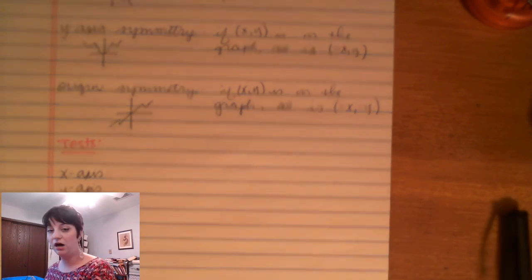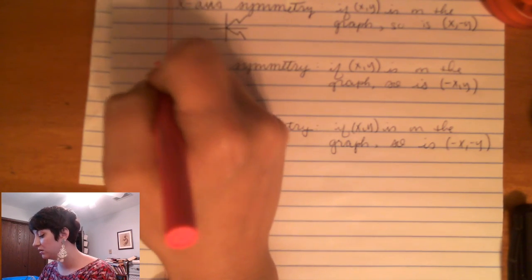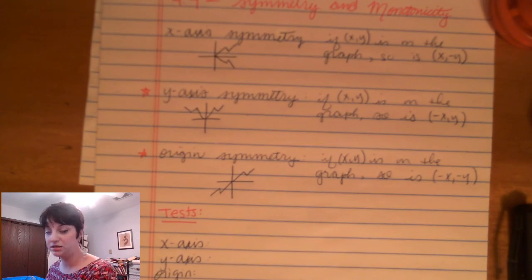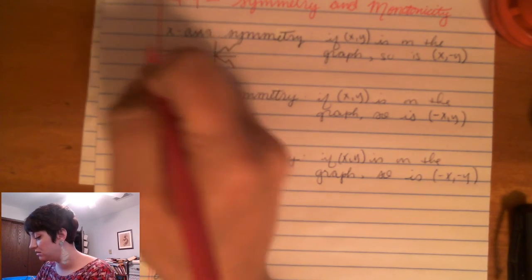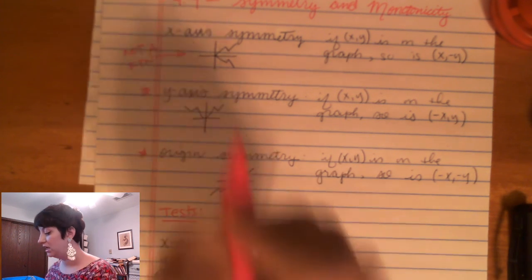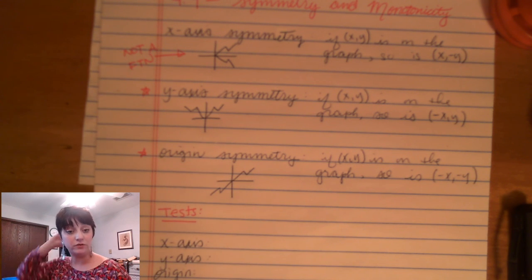Okay, of the 3 types of symmetry, the most important are going to be y-axis and origin, because if you have x-axis symmetry, you don't pass a vertical line test, and so you're not a function.